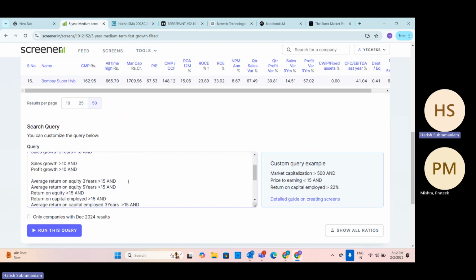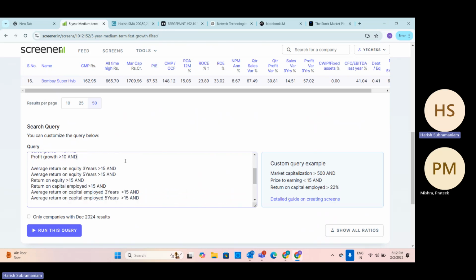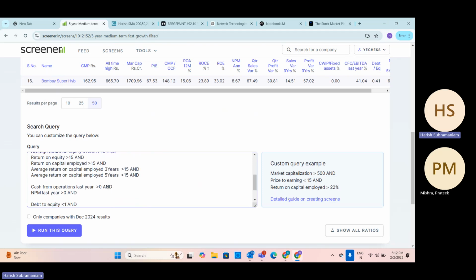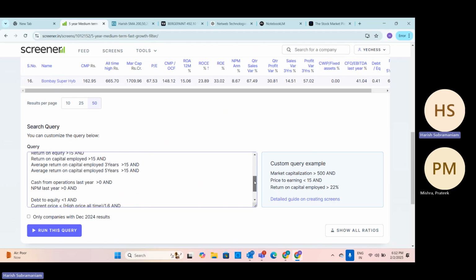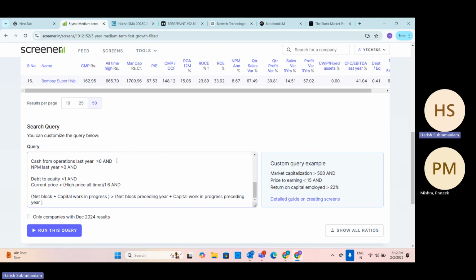And then we have done the other things we have seen. The return on equity, the return on capital employed. And again, we are looking at 1 year, 3 years, 5 years, because that's what is available in Screener. The operating cash flow has to be there. Profit margin has to be greater than zero, low debt. And then we are looking at the price. The stock price has to be pretty low. So we have given a high price by 1.6.